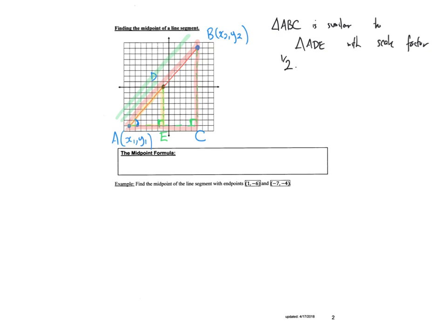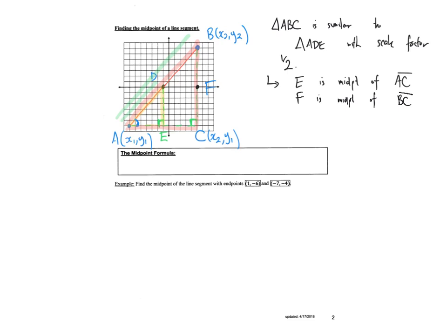So I'll leave this as an exercise for you, but you can conclude from this that E is the midpoint also of the line segment AC, and F is the midpoint of the line segment BC.